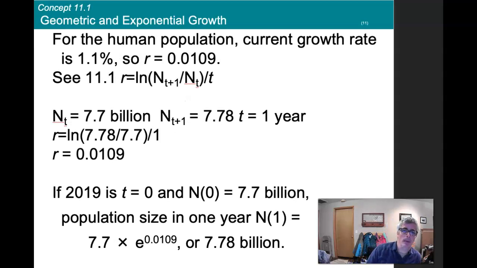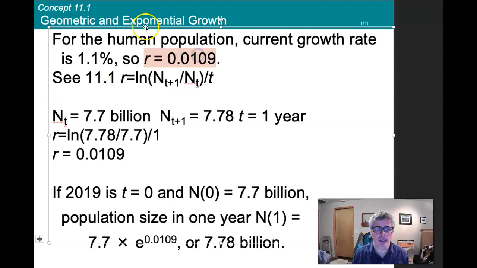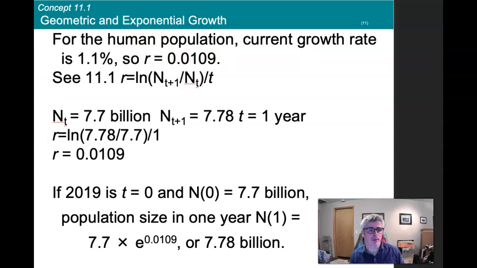And so for human population, we can calculate the intrinsic growth rate r based on the observed growth rate of 1.1%. Meaning if we just have 2 points of data, last year's population and this year's population, and that population went up by 1.1%, we can calculate the intrinsic growth rate and then use that for the exponential growth function.